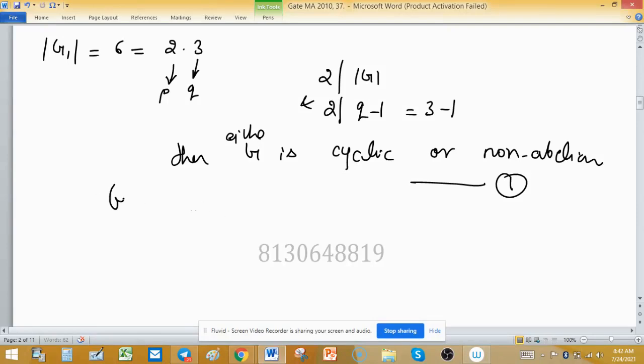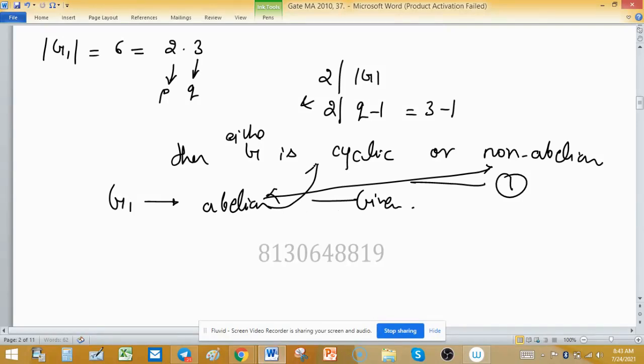But G1 is given as abelian. So considering these two conditions, if it is abelian then G is cyclic, otherwise G would be non-abelian. So G1 must be cyclic, and we know the concept of fact 2.